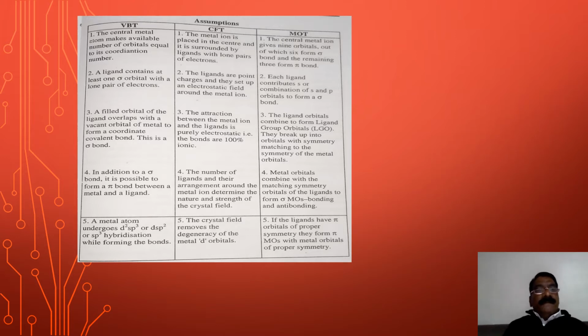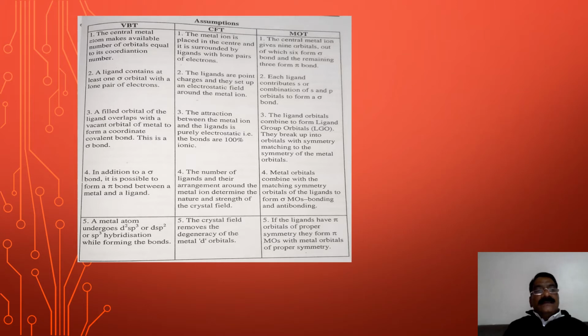First, VBT. The central metal atom makes available a number of orbitals equal to its coordination number. Second, a ligand contains at least one sigma orbital with a lone pair of electrons. Third, a filled orbital of the ligand overlaps with a vacant orbital of the metal to form a coordinate covalent bond.